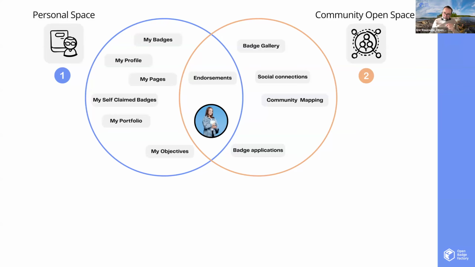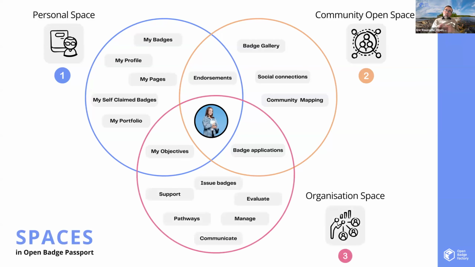And everything was going quite well until some customers said, well, Eric, the passport is great for our badge recipients, but as an organization, we would like to have some view in this passport about what our community is doing.